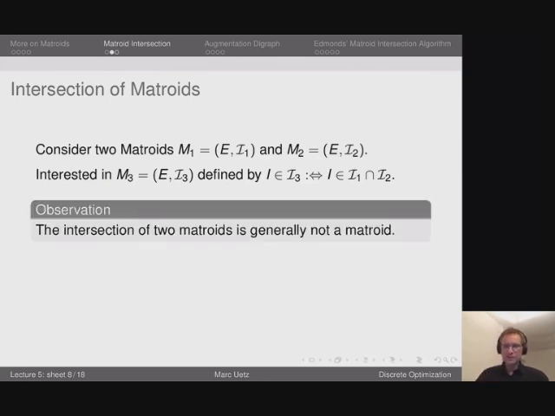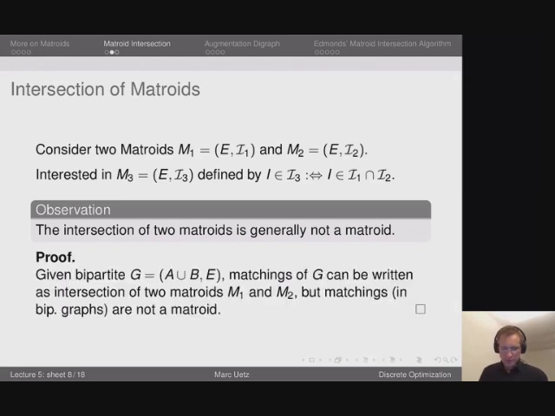So the combinatorial structure matroid is not closed with respect to intersection, because the intersection of two matroids is in general not a matroid. And we have seen examples of that already. So let me remind you.